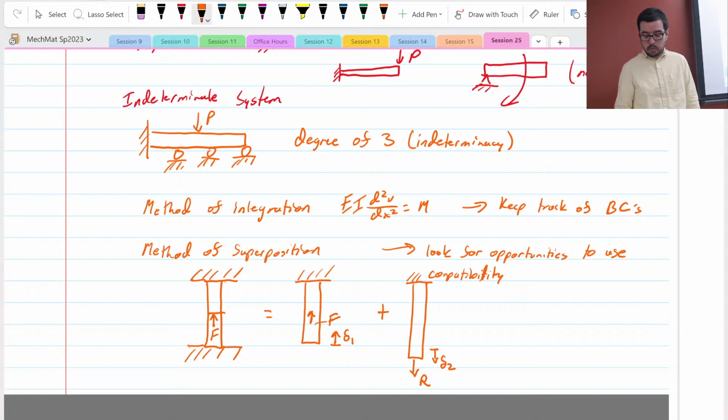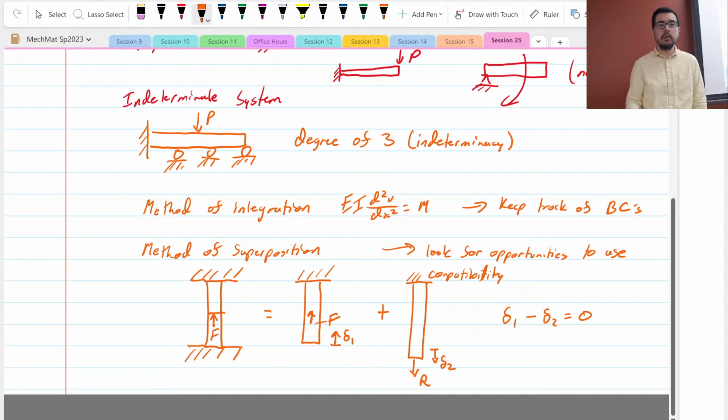So what we're looking for is essentially delta 1 minus delta 2, which is going to be equal to 0. I need delta 1 and delta 2 to be equal to each other. And so this is an example of compatibility.